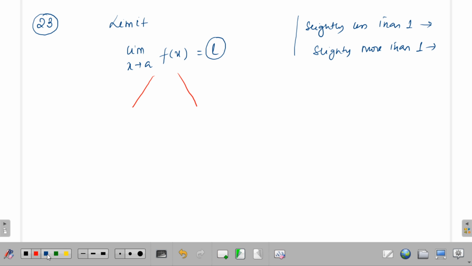The first one would be limit of x tends to a minus f of x, which is for slightly less than 1, and similarly it will be limit of x tends to a plus f of x, which is slightly more than 1, and these two limits must be equal, and this must be equal to your L. And whenever that happens, we can say that the limit exists. Okay, now what do we call this one?